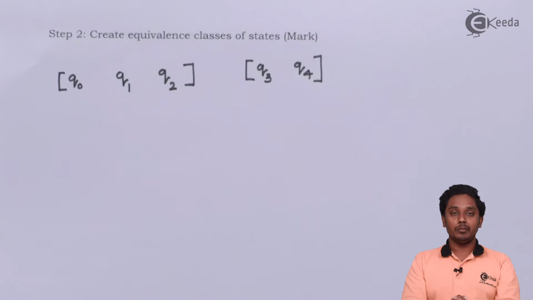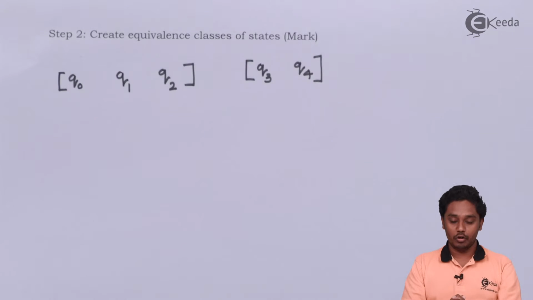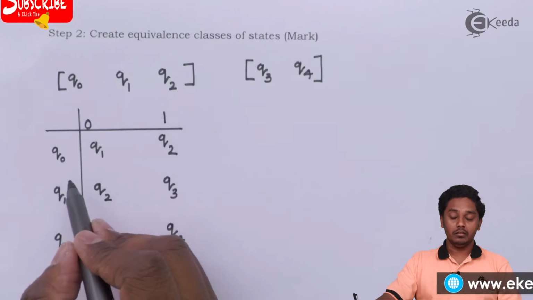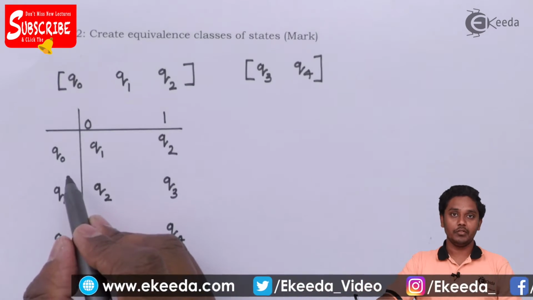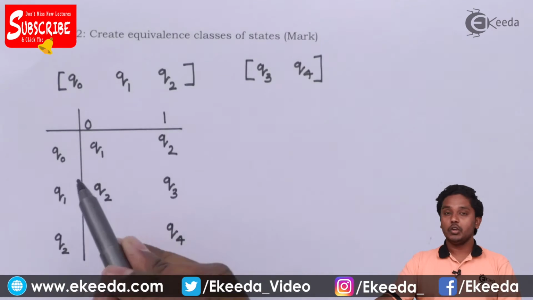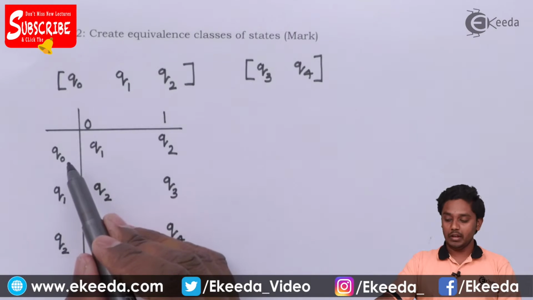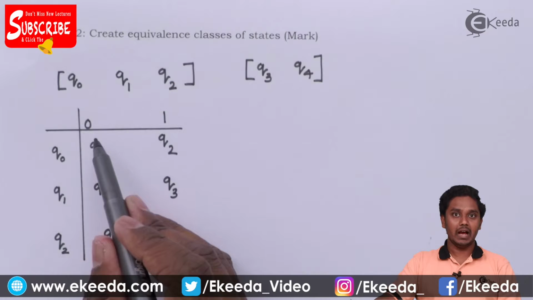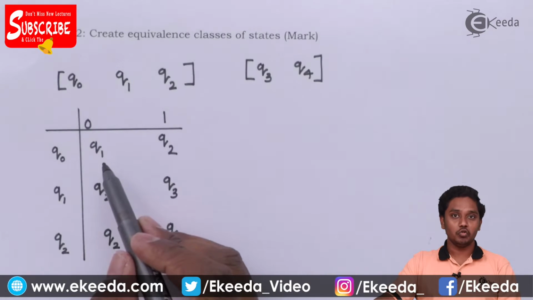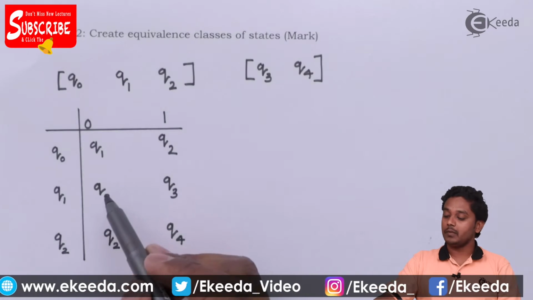Now let us apply inputs to these states and find out whether they have a transition to the same class or a different class, to find out whether the states belonging to the same class are indistinguishable or not. Let us check first the pair Q0 and Q1. Q0 and Q1 on input symbol 0 have transitions to states Q1 and Q2 respectively.